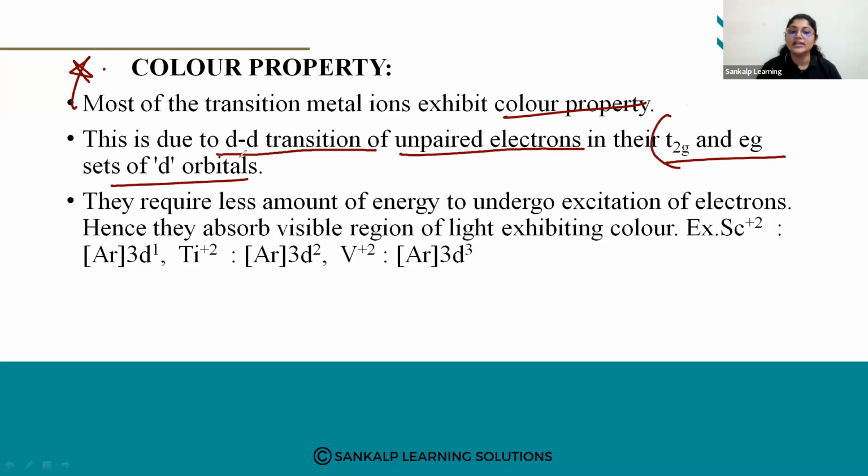This t2g and eg, we are going to see in coordination compounds. What are the t2g and eg sets of d orbitals? Whenever you have a degenerate set of orbitals, what does degenerate mean? All the d orbitals have equal energy. In d orbitals there are five orbitals, and all five have equal energy. When they have the same energy, they are said to be degenerate.